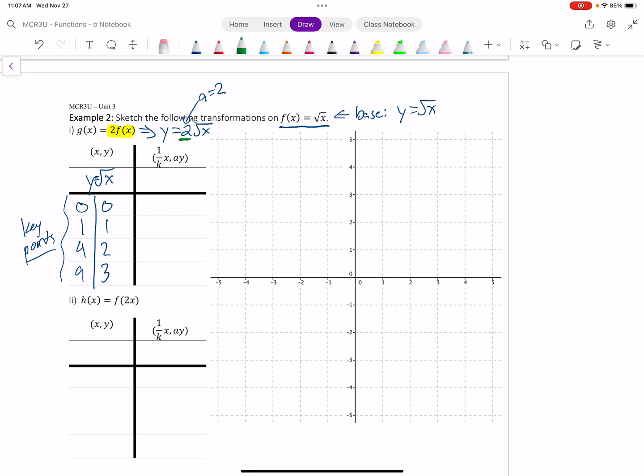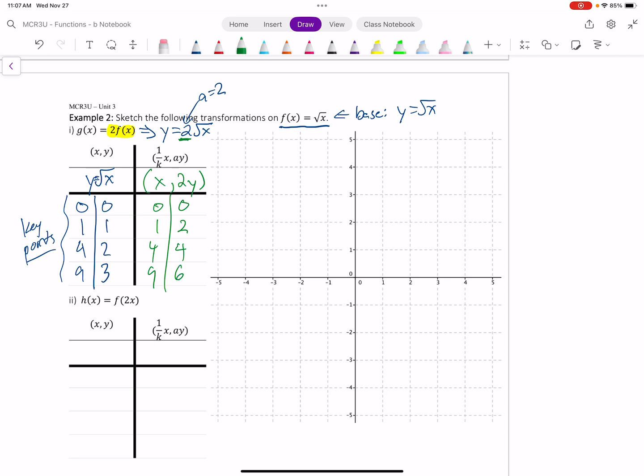And it's always going to be 1 over k times x, comma, a times y. So in this case, there is nothing affecting the x, but there is 2 times the y. So I'm going to take all of my x values, they're going to remain the same. So those key points don't change because there is nothing affecting x. But I'm going to multiply the y values by 2. So 0 times 2, 1 times 2, 2 times 2, and 3 times 2.